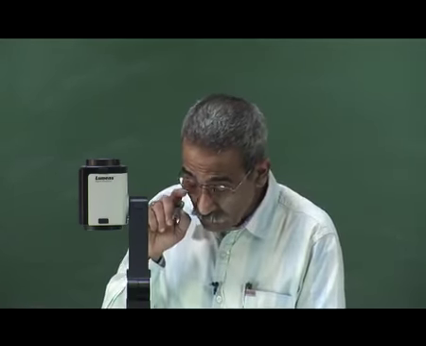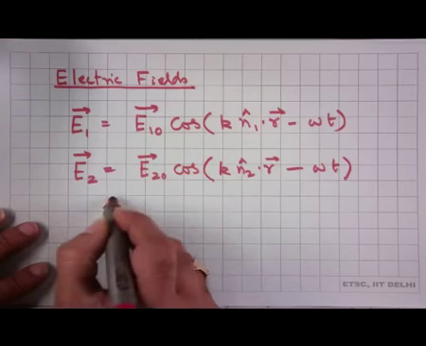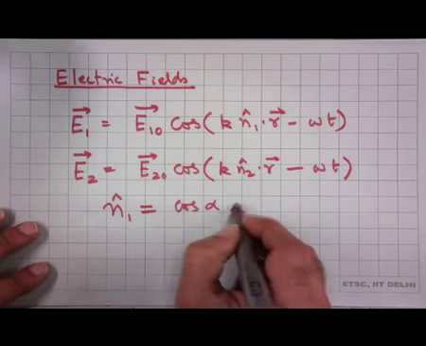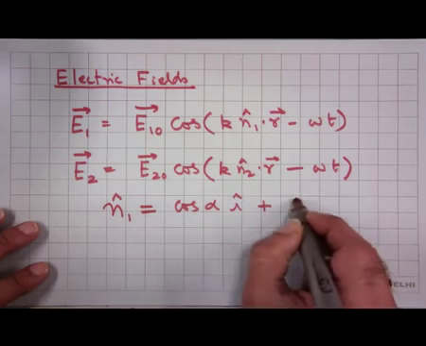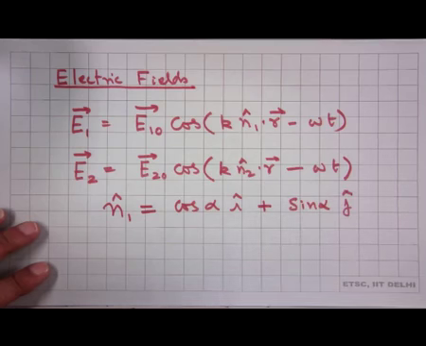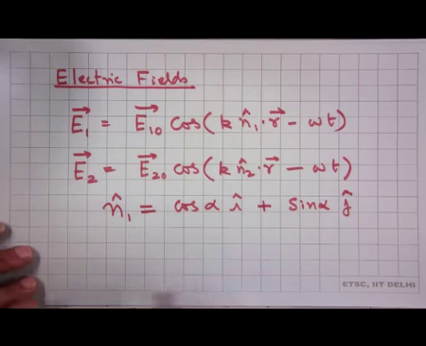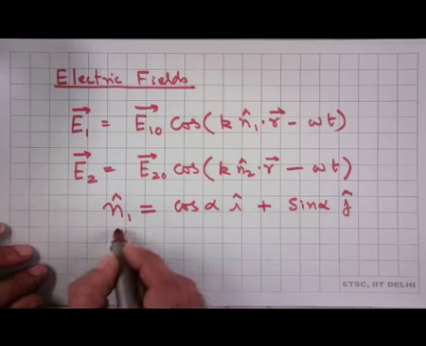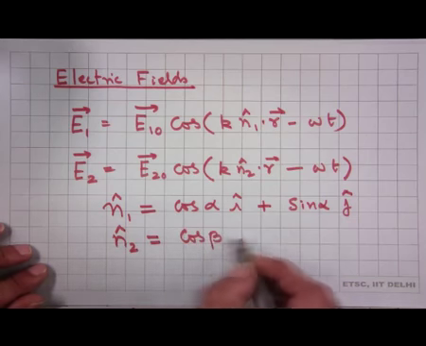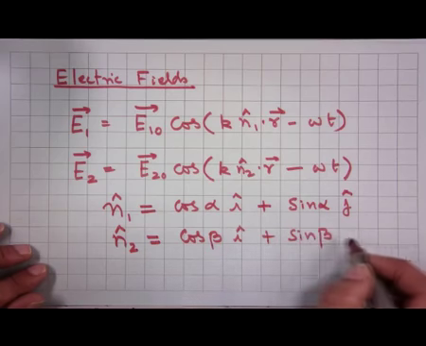So what are we going to write now? We are going to resolve and call this n1 equal to cos alpha i plus sin alpha j. i is the unit vector along the x direction, j is the unit vector along the y direction, and n2 is nothing but cos beta i plus sin beta j.